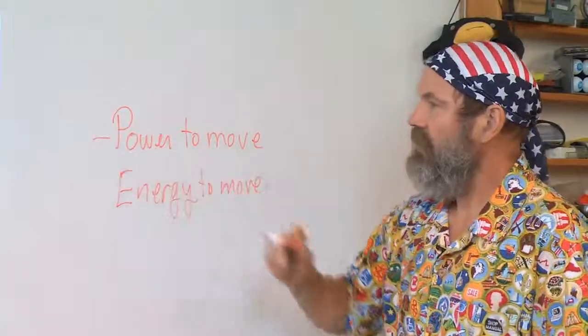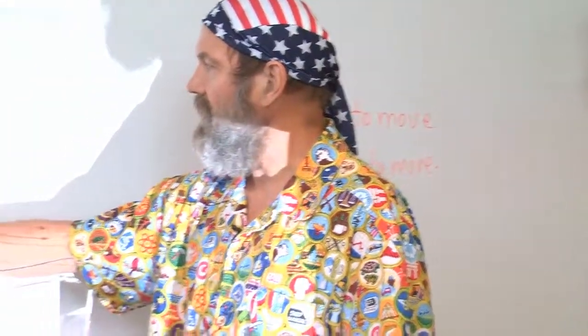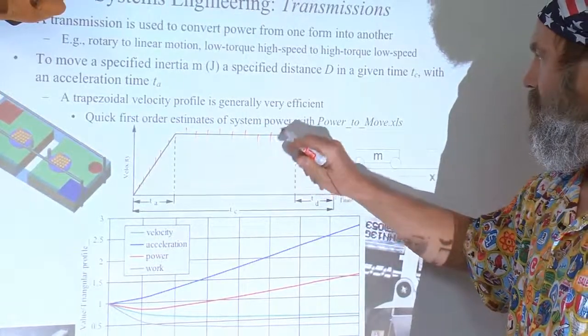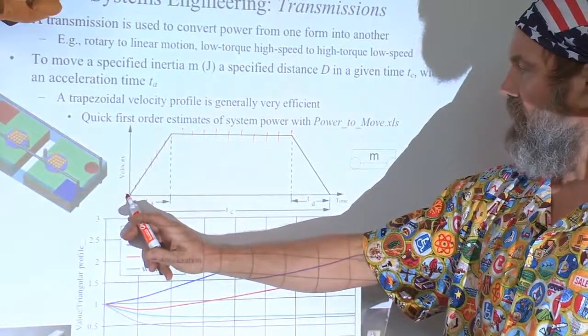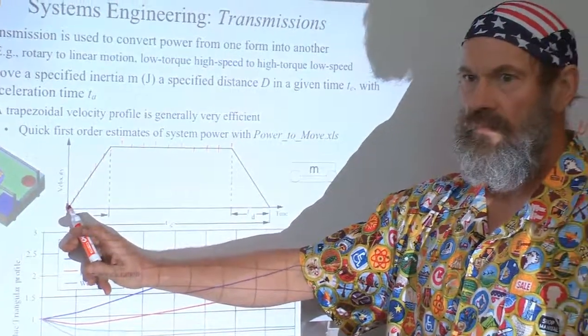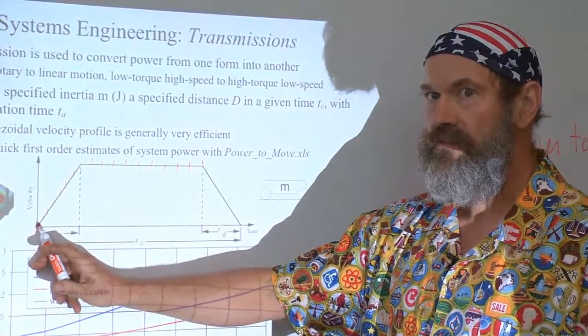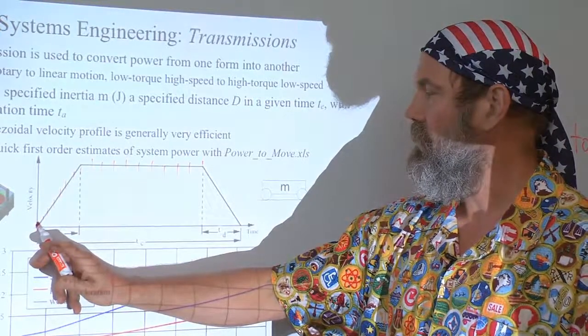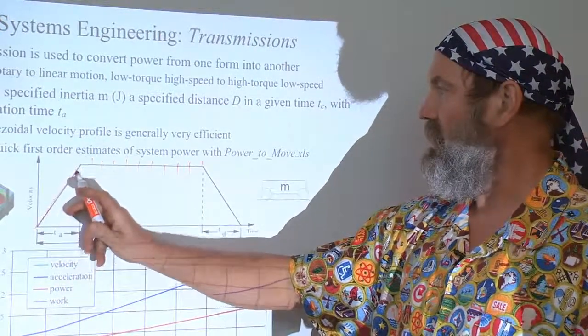the power is something that you'll have instantaneously at any point in time as I'm going along. So you can imagine here, as the velocity is increasing, force equals mass times acceleration. So at a constant acceleration, the velocity is increasing, right?